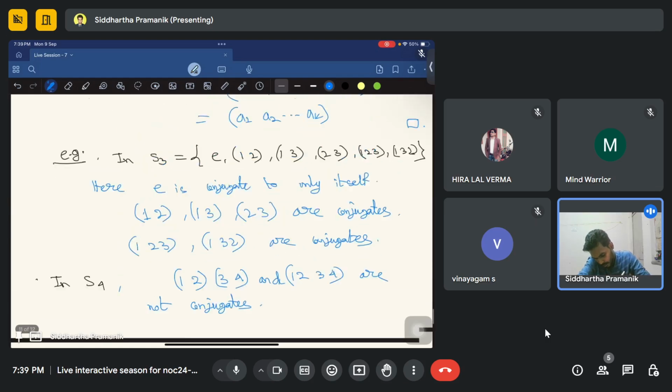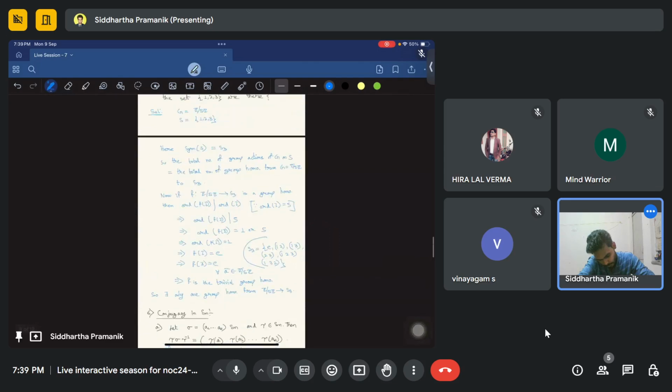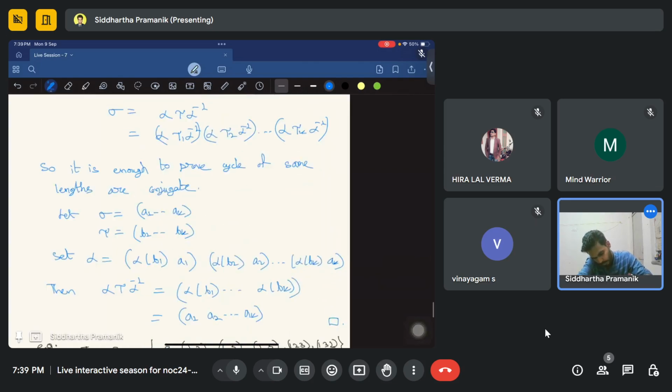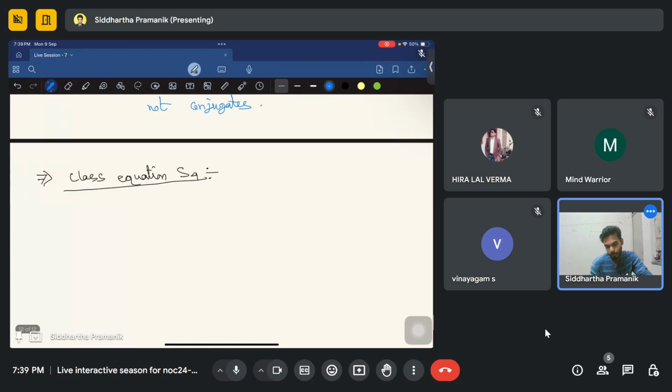Okay, now let's find class equations. Let's see the class equation of S4. Let me recall what the class equation is.